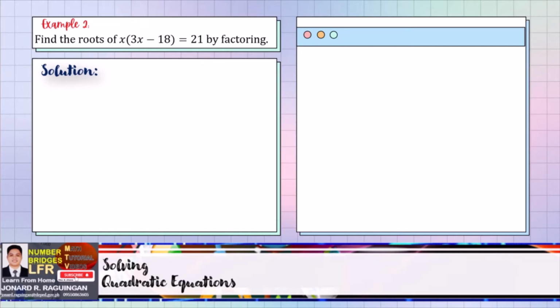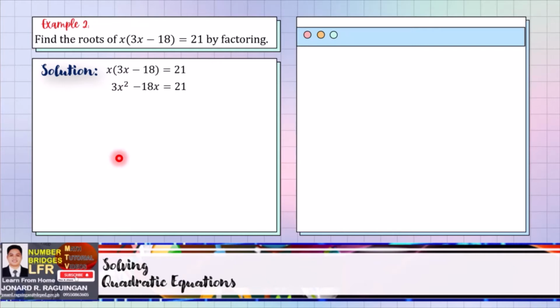The given is x times 3x minus 18 is equal to 21. Then simplify. x times 3x is equal to 3x squared. x times negative 18 is negative 18x is equal to 21. Then, applying the addition property of equality, add negative 21 to both sides.